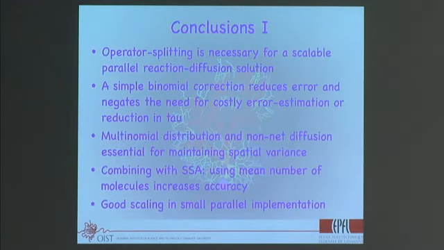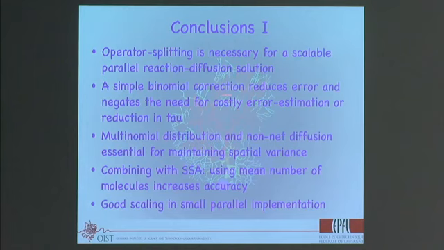So let me show you the conclusions up till now. If you want to do spatial Gillespie, you really need to do operator splitting to get a scalable solution. You need to do this binomial correction, multinomial in the case of multiple directions of diffusion.